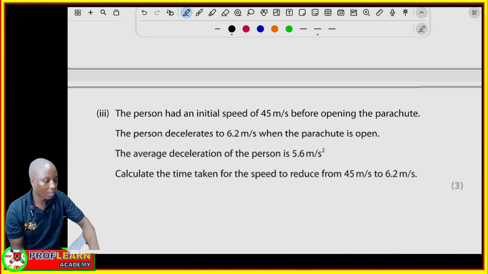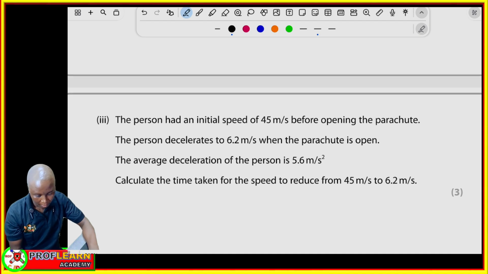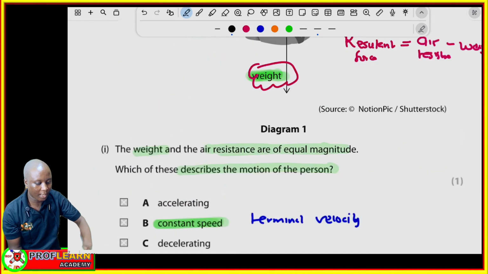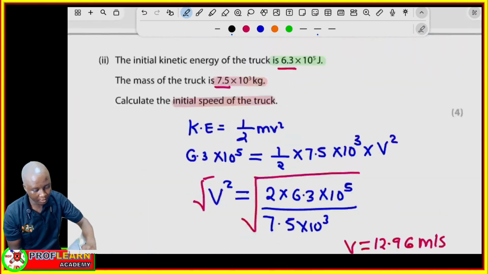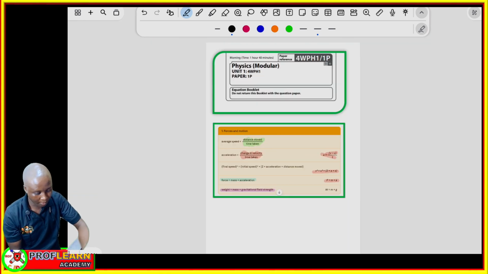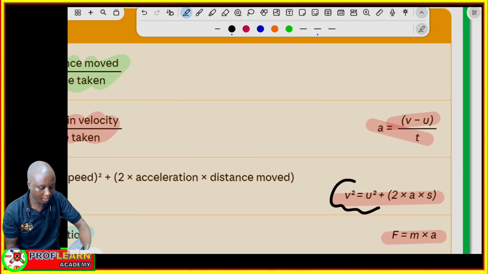Okay, working on the last bit of our question here. Now we are going to see how you use these formulas that are here. Let's check whether they really tested these formulas.